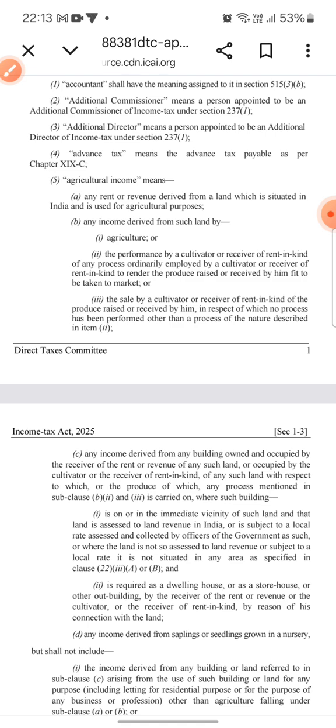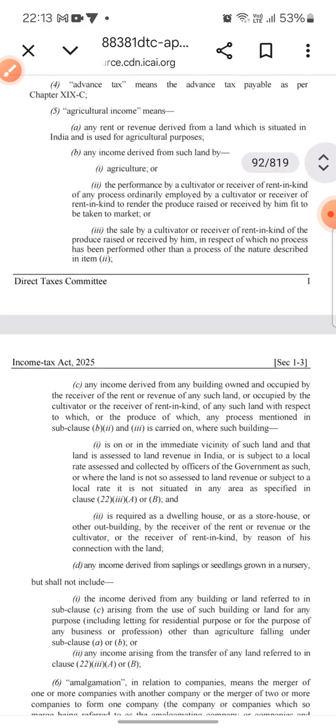Sale by the cultivator or the receiver of the rent in kind of the produce raised or received by him, in respect of which no process has been performed other than the process described in item number 2.